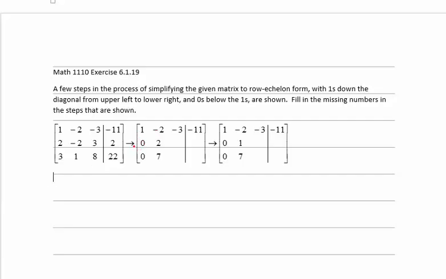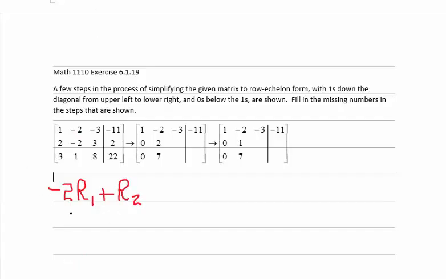So we notice that we've gotten in row 2 a 0 in column 1 of row 2. And so we would have used row 1 to do that, and we multiplied -2 times row 1, and we've added that to the original row 2 to get this new row 2.